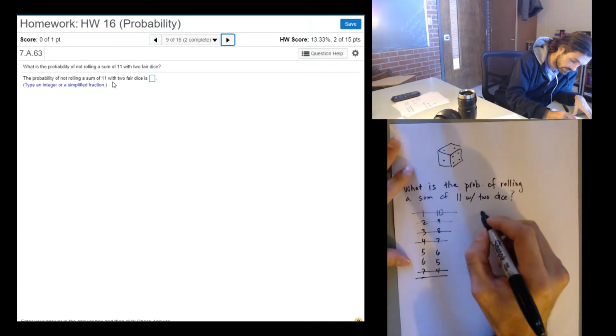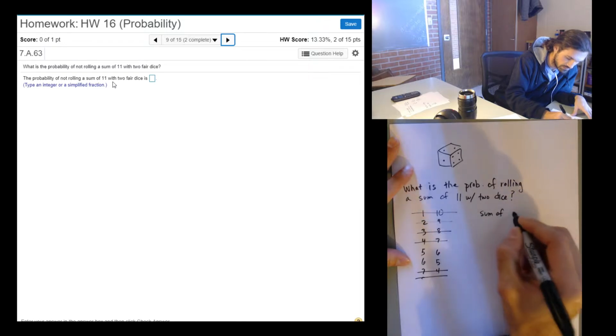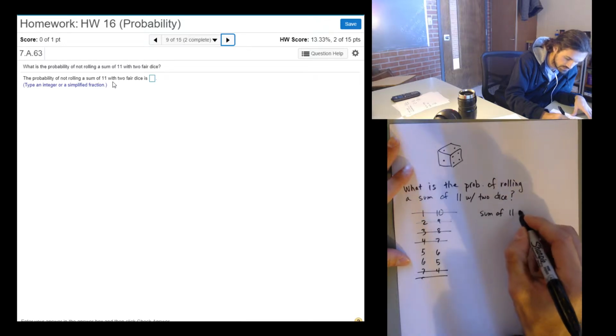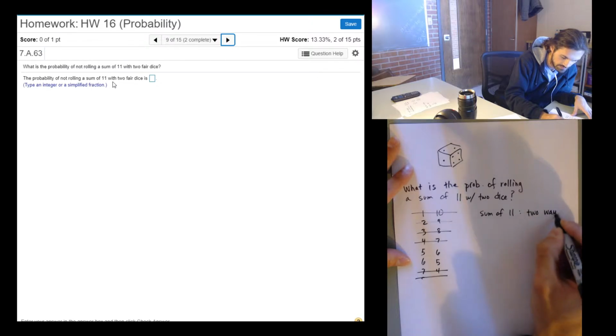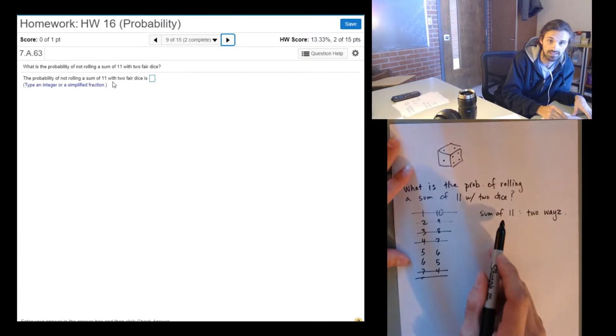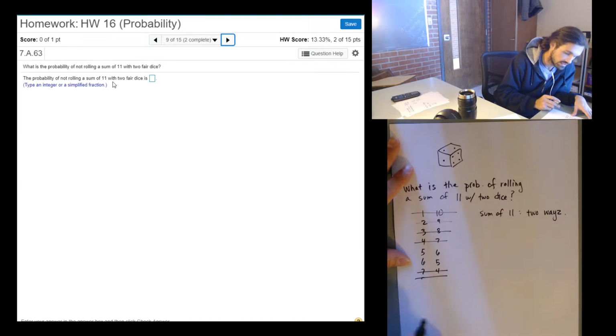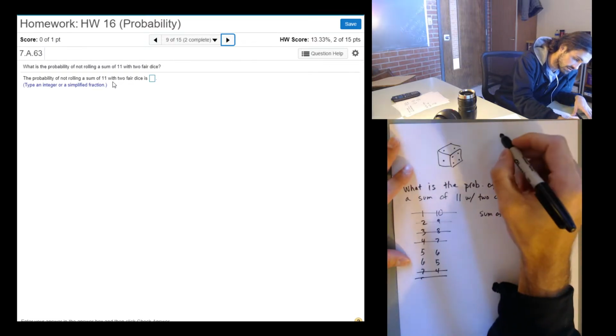So there's two ways to roll a sum of 11. And now consider what our probability equation looks like.